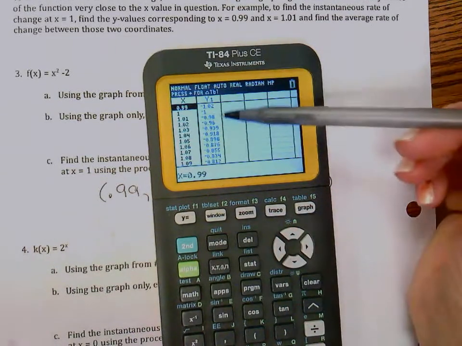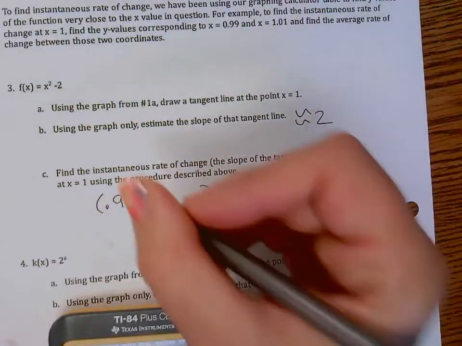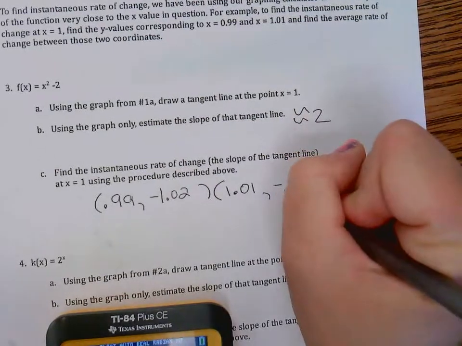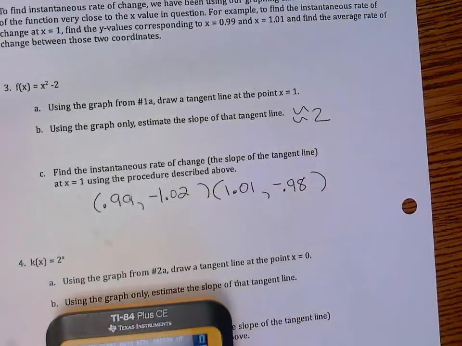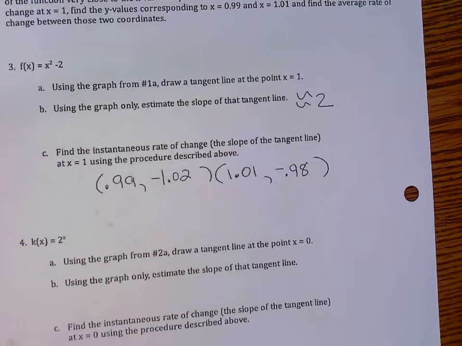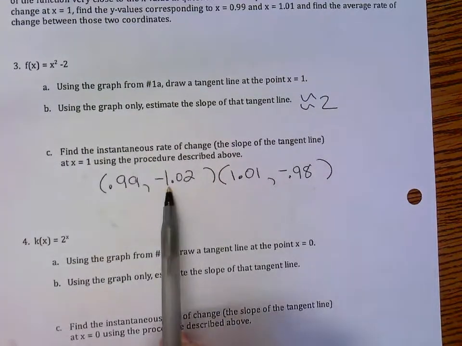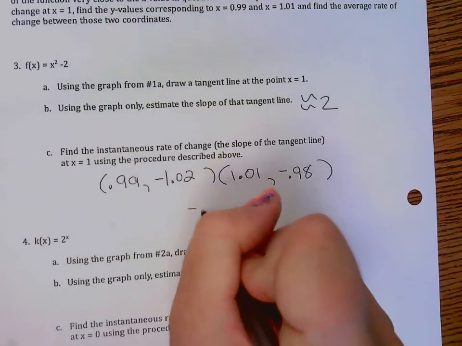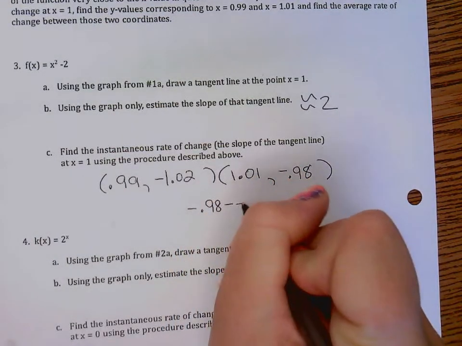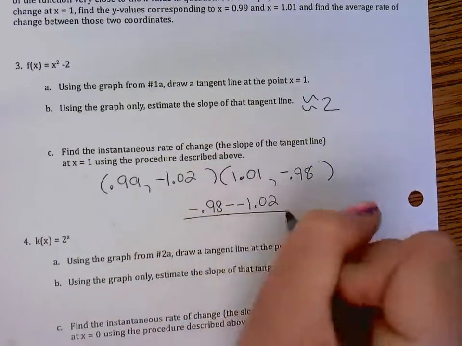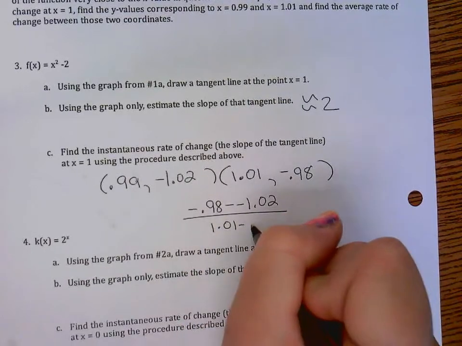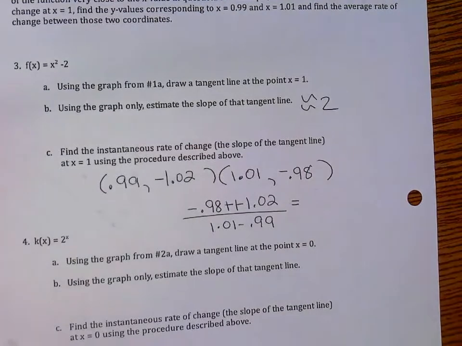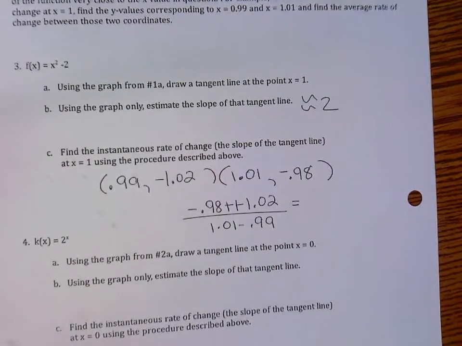So at 0.99, negative 1.02, and negative 0.98. So we're going to actually do y2 minus y1 over x2 minus x1 and see what we get. It actually gives us 2, doesn't it? I think.